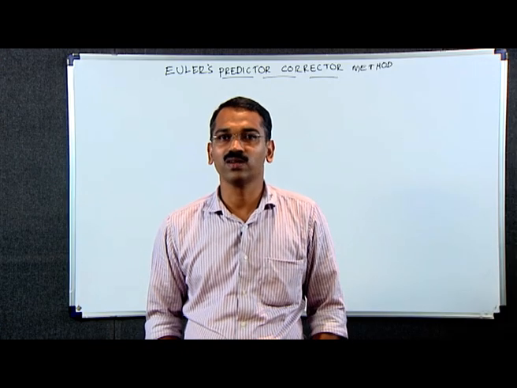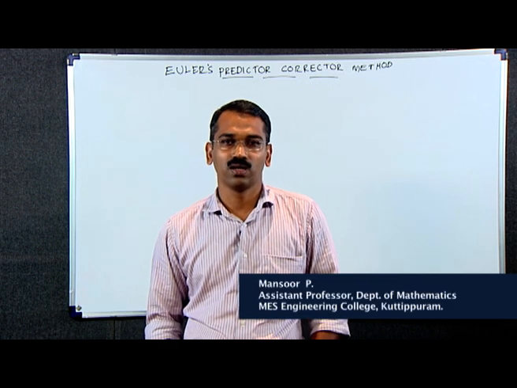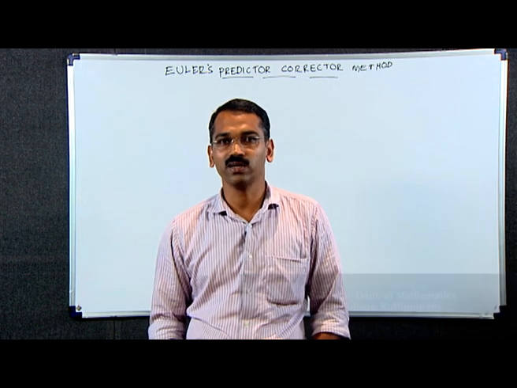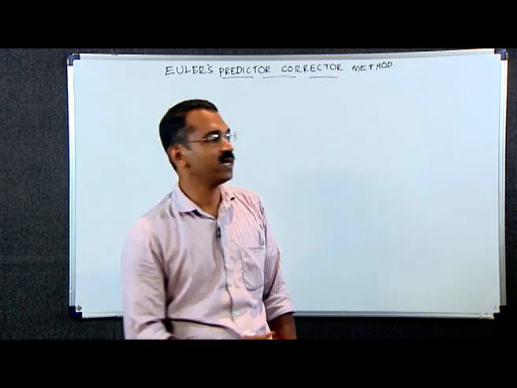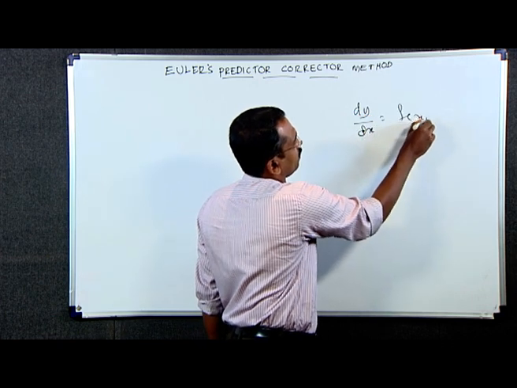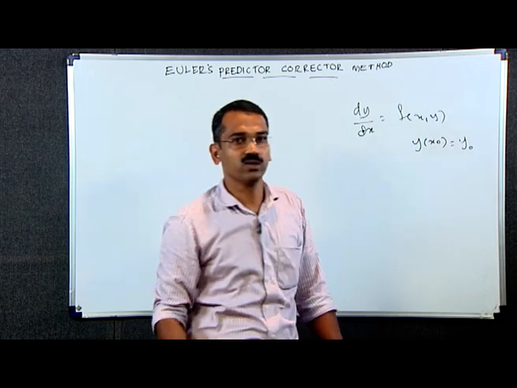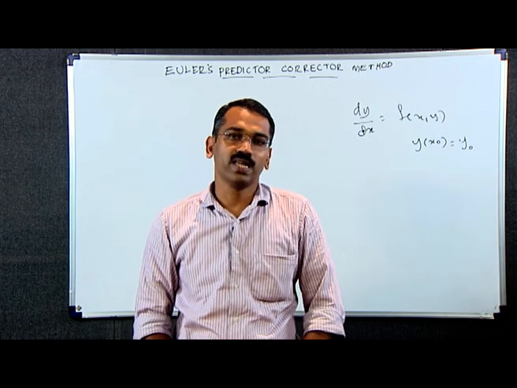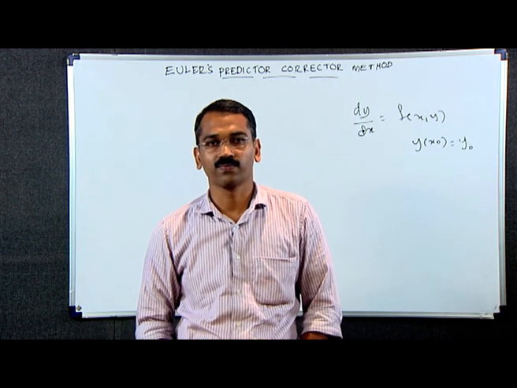Welcome to this session on numerical solution of ordinary differential equations. In the previous sessions, we discussed various numerical methods to solve the differential equation of the form dy by dx is equal to f of x, y, given that y of x naught is equal to some y naught, namely Picard's method, Taylor series method, Euler's method and Runge-Kutta method.